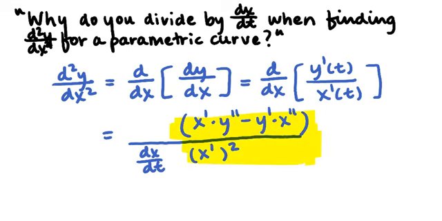This looks like the quotient rule, right? Bottom times the derivative of the top minus the top times the derivative of the bottom, squared. But this is what I would get if I took the derivative of y prime over x prime with respect to t. So what I have is 1 over dx dt multiplied by the derivative with respect to t of dy dx.